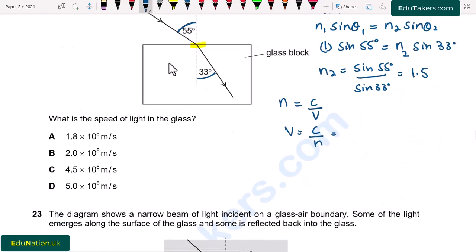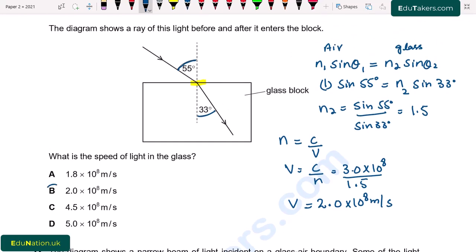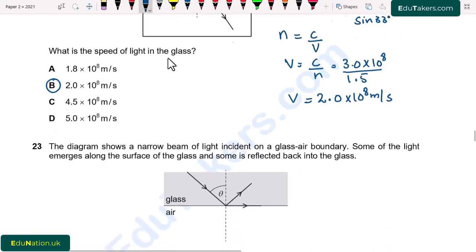So 3.0 × 10^8 divided by 1.5 will be equal to 2.0 × 10^8 meters per second. So the speed of light in the glass is 2.0 × 10^8 meters per second. From here, option B is correct.